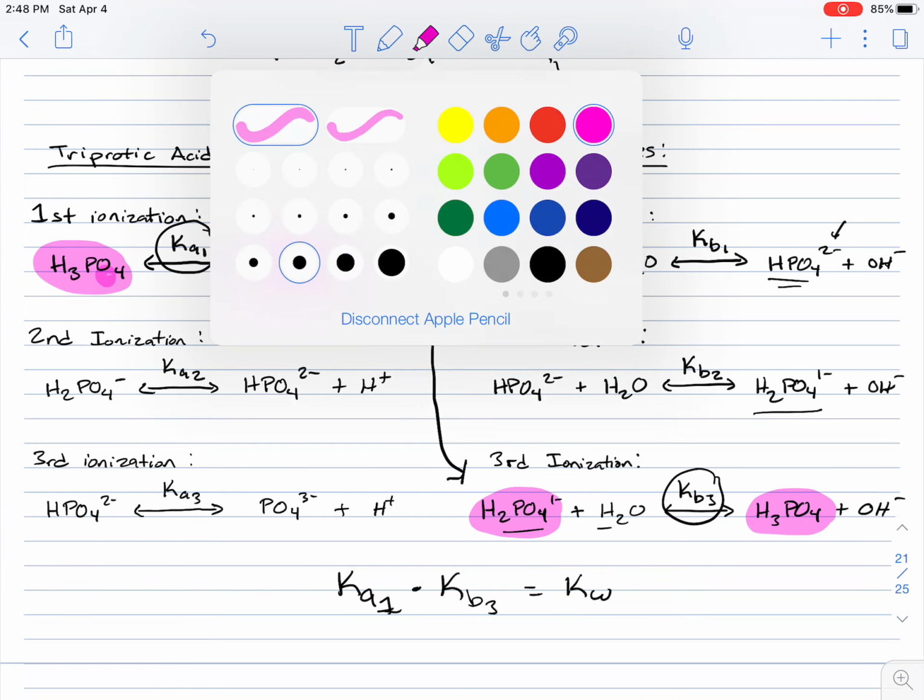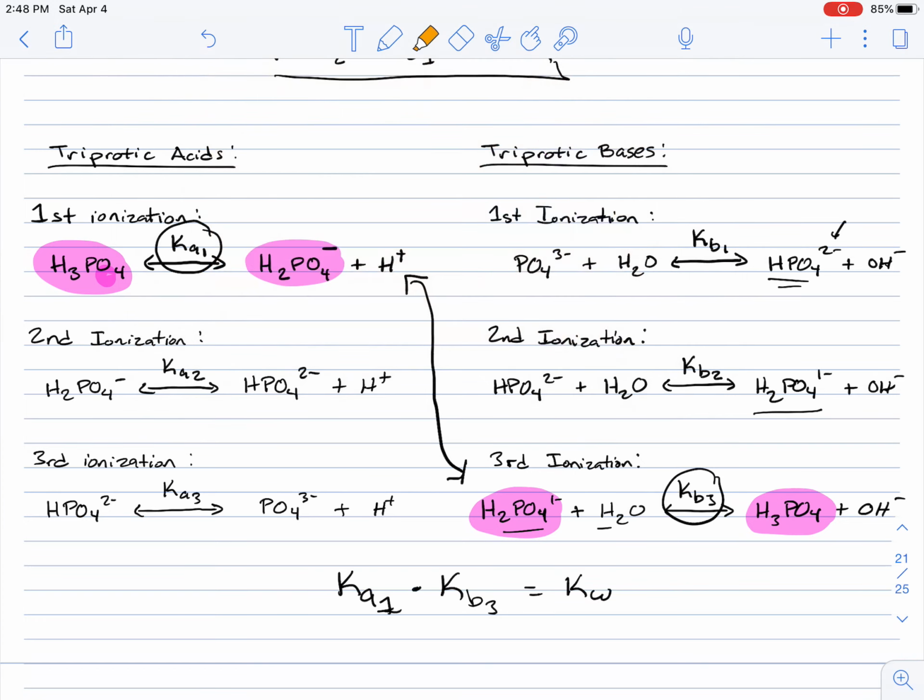All right, and I'm going to use orange this time. I'm going to look at the second ionization for my triprotic acid, and I see H2PO4 and its conjugate HPO4 represented as Ka2. If I'm trying to look for both those conjugates in my triprotic base, notice that H2PO4 is found on the product side of the second ionization of my triprotic base, whereas the HPO4 is found on the reactant side.